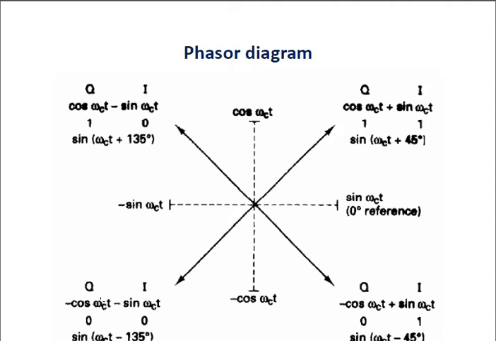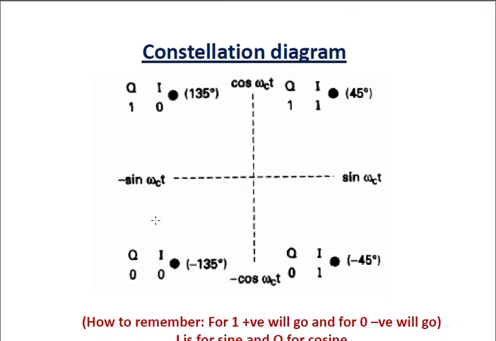Suppose 0 0 is minus minus, 0 1 is minus plus, 1 1 is plus plus, and 1 0 is plus minus. In this way we have to represent the data in QPSK form.